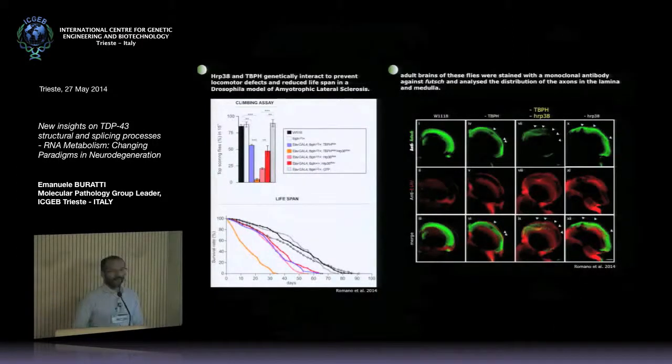So this doesn't really tell you, there may be additional targets, of course, but what this is telling you is that whether they work together or independently, as far as the pathology is concerned, there is a functional relationship between the levels of TDP-43 and HNRNP proteins.